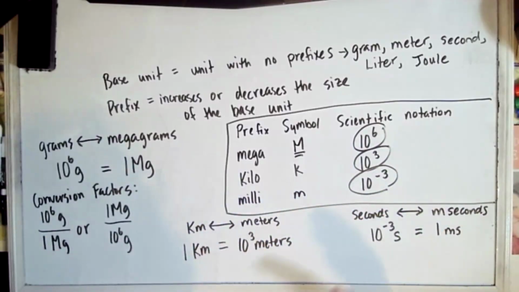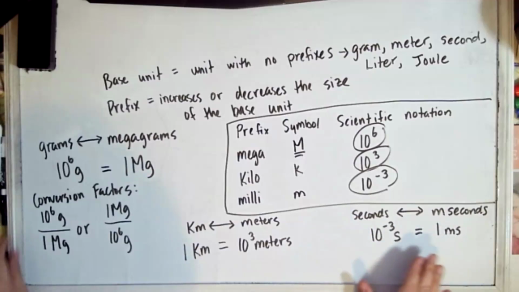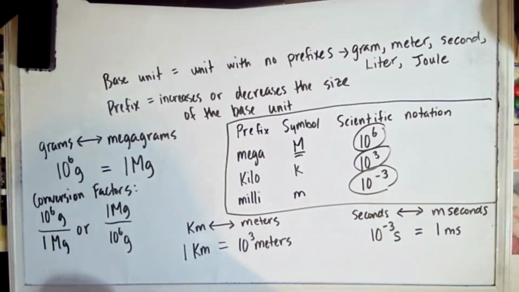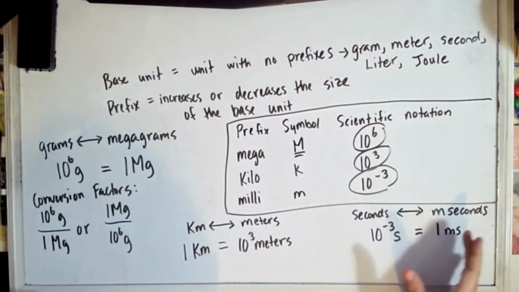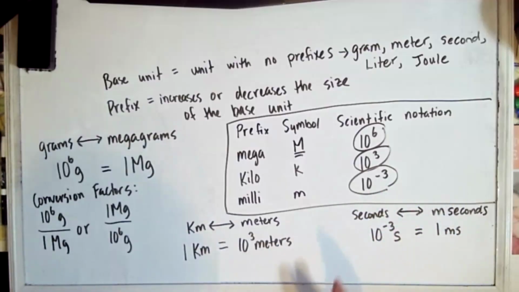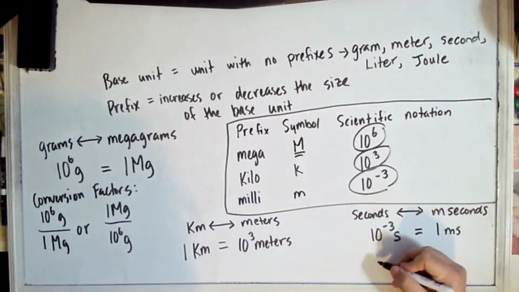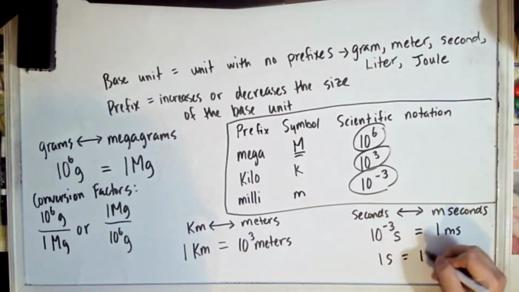There is more than one correct way to write out these conversions. For example, when people are relating the milli prefix to the base unit, it is very common for people to write that in 1 second there are 1,000 milliseconds. And that's correct. There's nothing wrong with that.